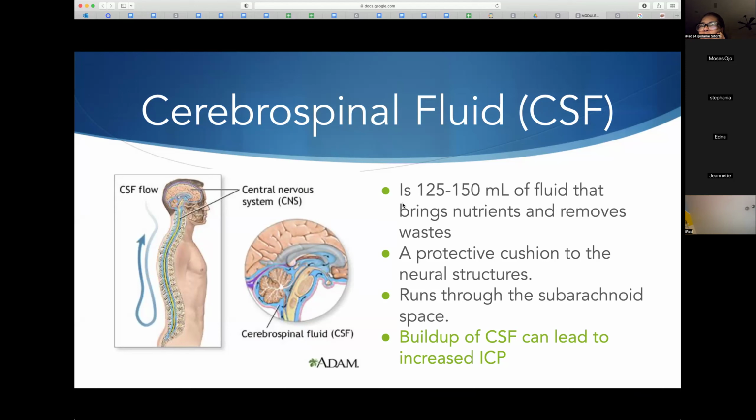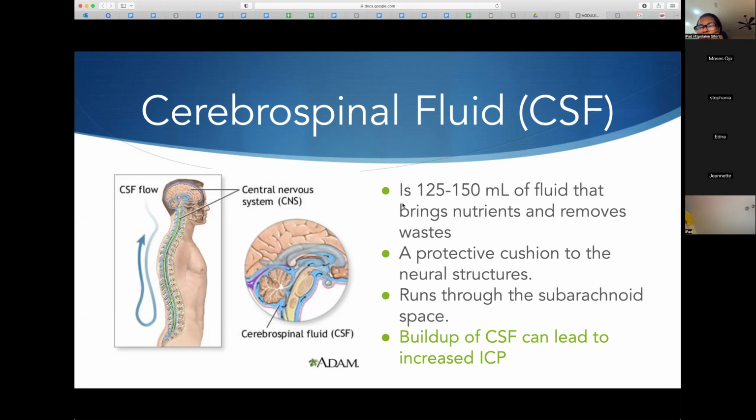So how can the cerebrospinal fluid protect the brain? I want you to think: if you were to punch the air, imagine your hand throwing a punch in the air.